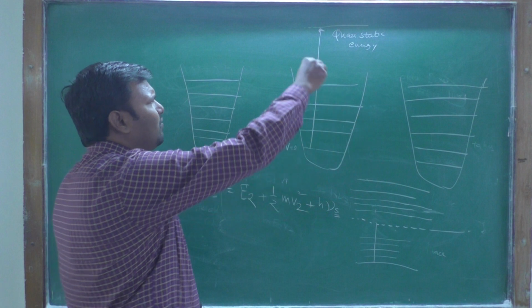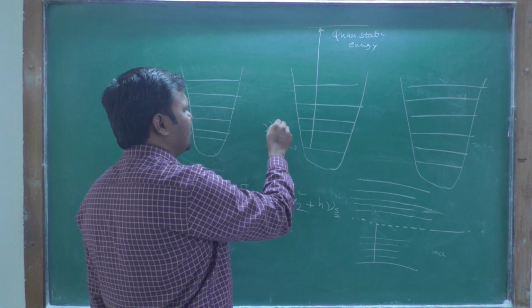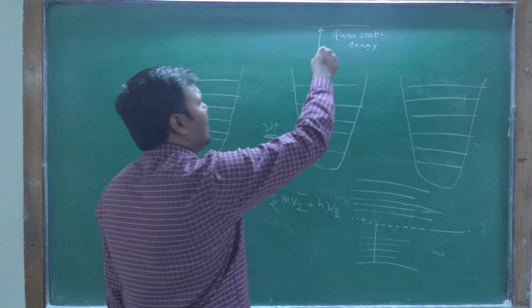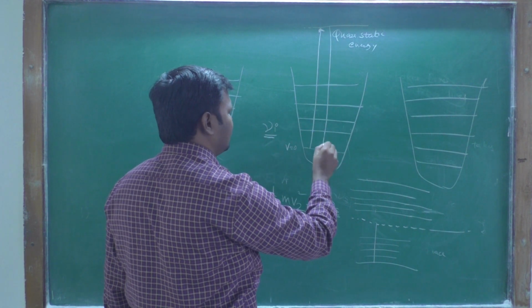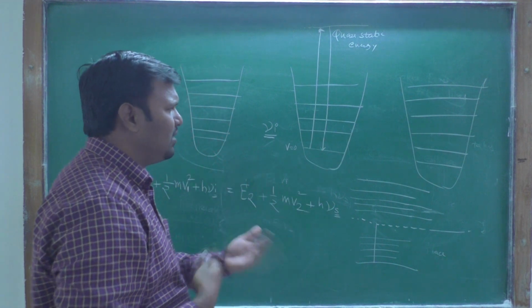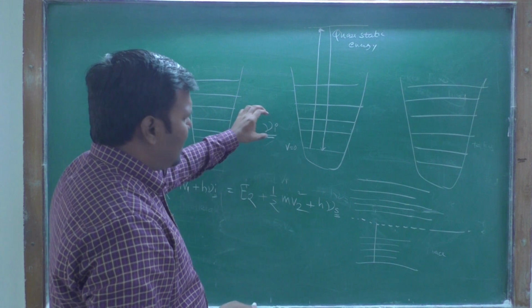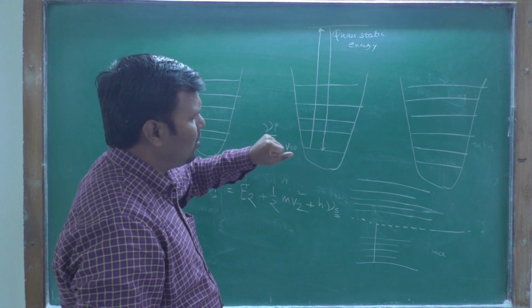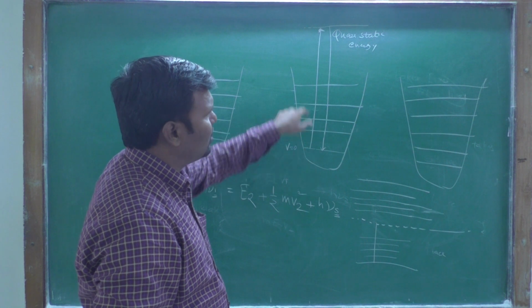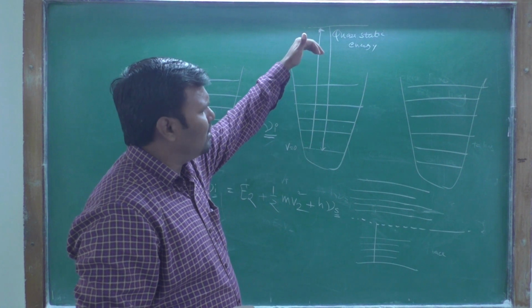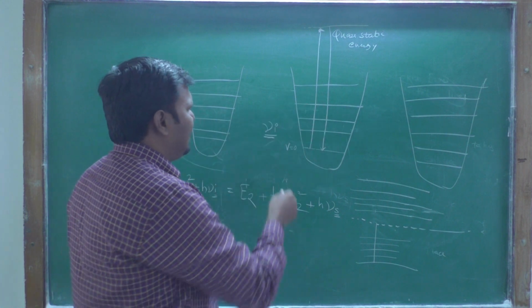If the incident light frequency is mu I, the molecule absorbs that frequency and is excited to this state, and again it comes back to its original state by radiating the same energy.